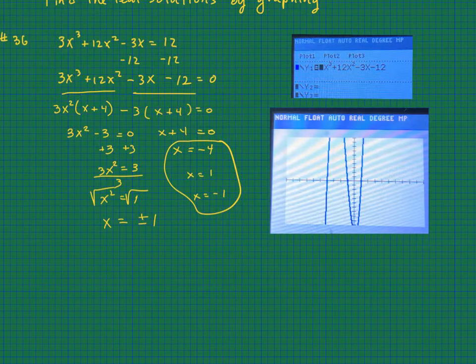Okay, and now that I've proven it algebraically, if I plug the entire polynomial into y equals and look at the graph, you can see that my roots do actually occur at x equals negative 4, x equals negative 1, and again, x equals 1. So graphing wise, you can see that my roots are crossing over the x-intercepts there.